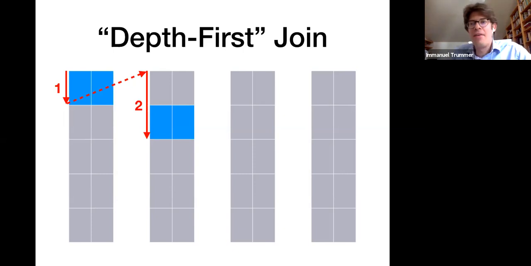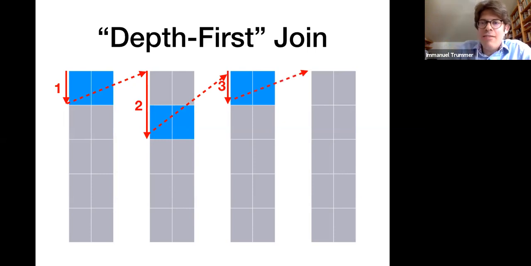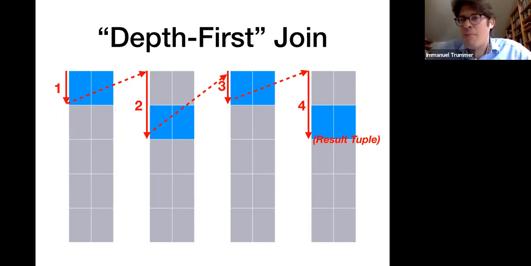After we find a matching tuple, we immediately proceed to the next table in join order, and we find the first matching tuple here, which means the first tuple that satisfies all applicable join predicates with the currently selected tuple in the first and in the second table. And then we proceed to the last table. Once we find a matching tuple here, it means we have found a combination of tuples that form a join result tuple.